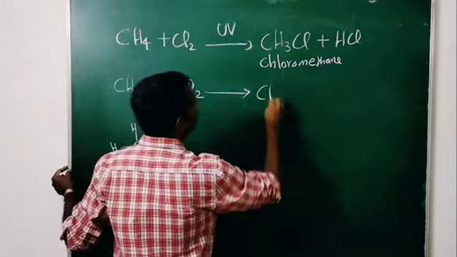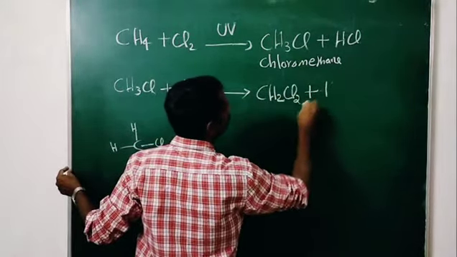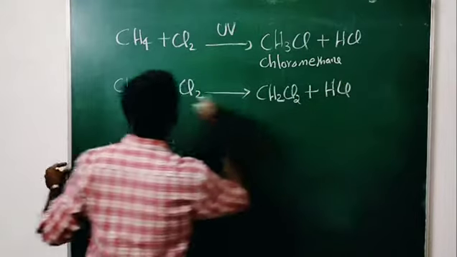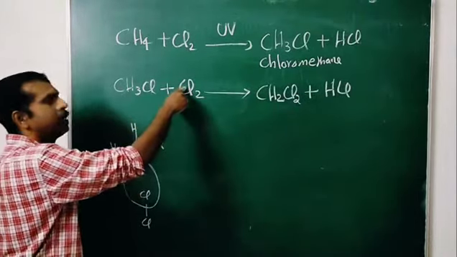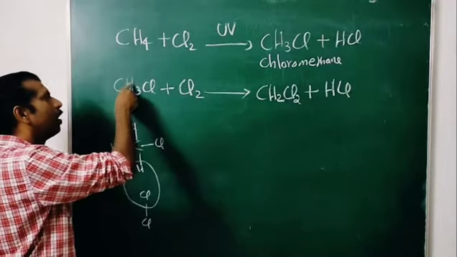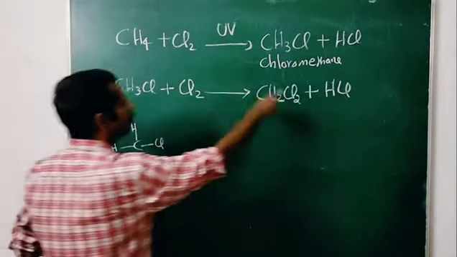We get CH2Cl2 plus HCl. That means one more hydrogen atom is replaced by chlorine.